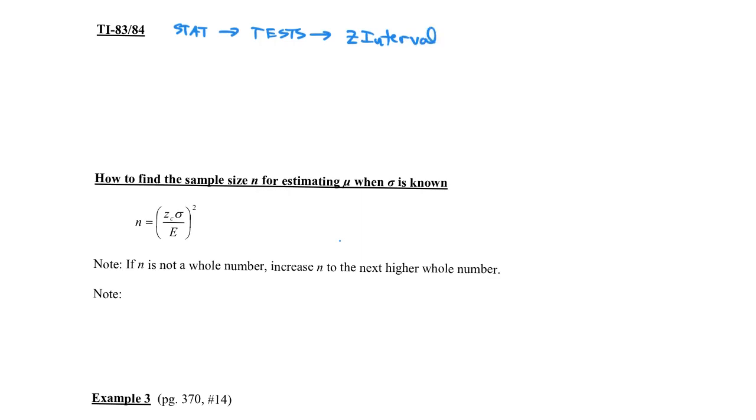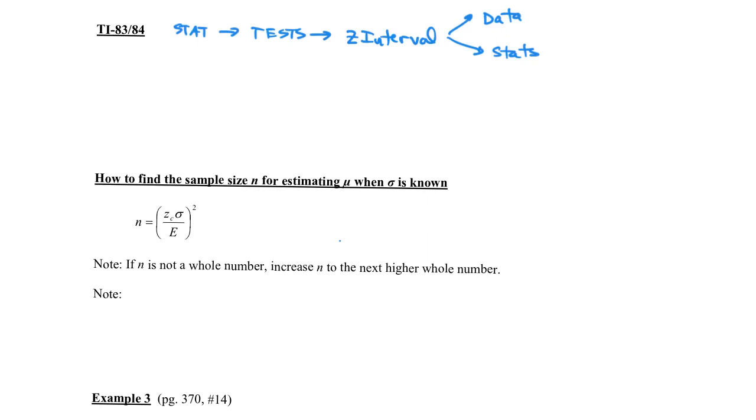Z interval because it's Z scores, and we're using confidence intervals. Then from there, there's a couple of branches. There is data. If you actually have your data stored in a list, you choose data. Otherwise, you choose stats, which is what we would do here because we don't have the original data, right? So we would press stats.